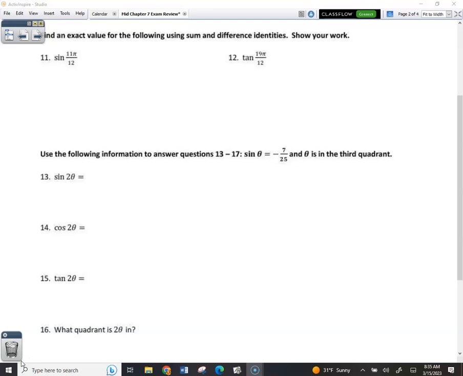Now we're at 11 and 12, and if you looked at my answer key for 11 and 12, you saw that these two questions will vary from person to person because it all depends on what two fractions you picked and whether you're adding or subtracting them.